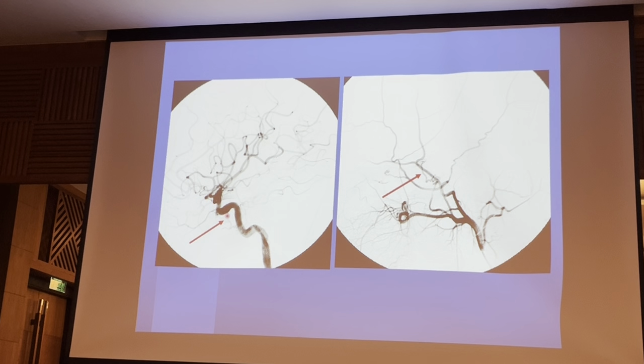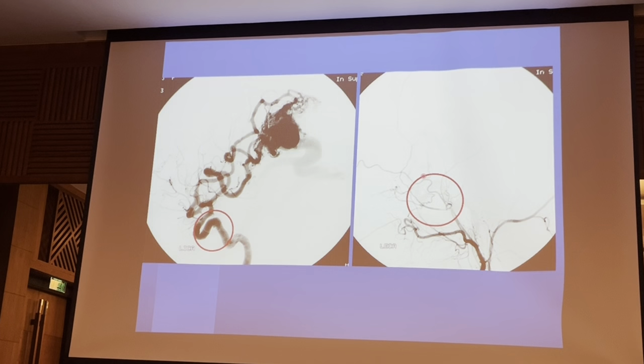This is an example of the inferolateral trunk. You can see filling of the inferolateral trunk through the internal carotid artery and external carotid artery as connection, with the accessory middle meningeal artery as dominant supply to the inferolateral trunk. This is another example, artery of foramen rotundum and middle meningeal artery, inferolateral trunk.